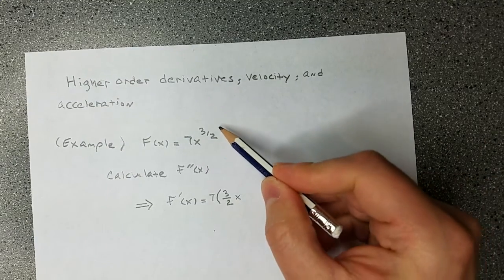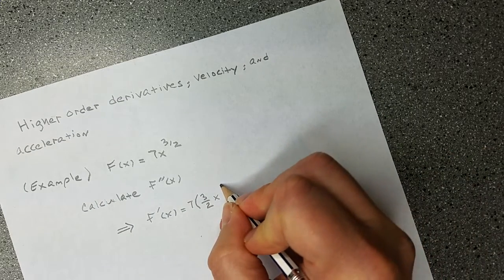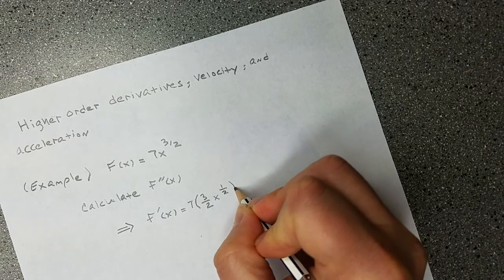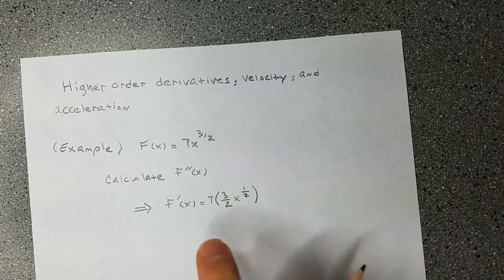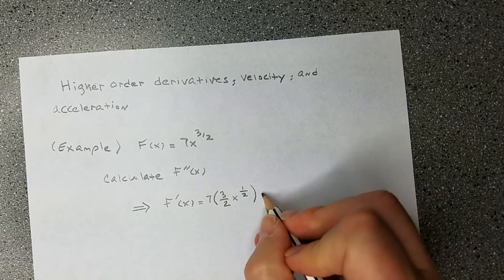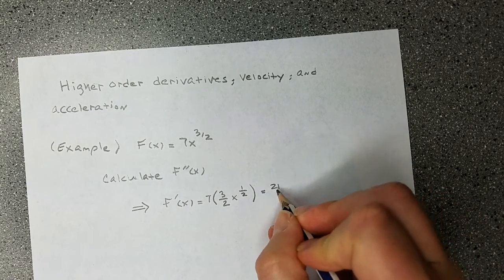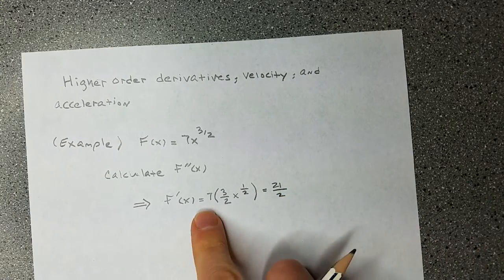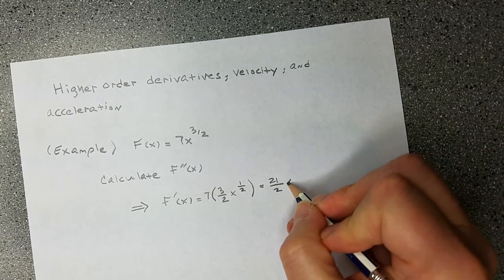Well, what do I do next? I take 1 away from this, so that would be 1 over 2. Okay, so the first derivative would be 21 over 2, right? Times x to the 1/2 power.